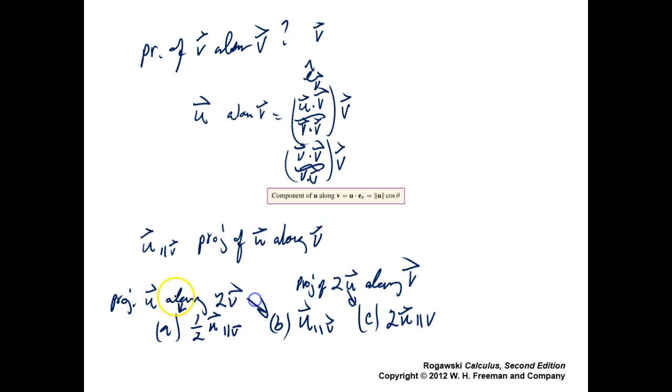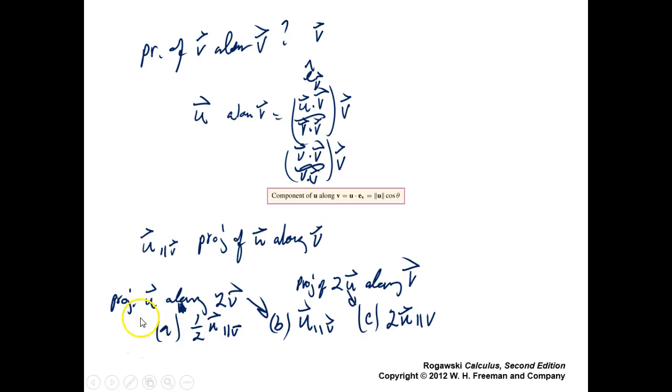This is that one, not that. Because U along V, that's this thing. U along 2V is still that way. It's the same. And 2U along V would then be twice that. I misread and changed my mind.